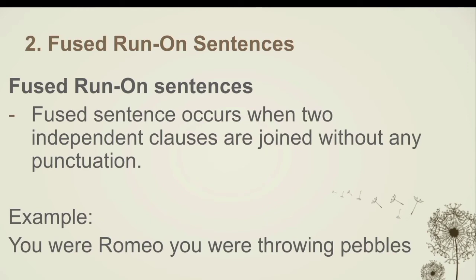As you can see there, we have two independent clauses. The first independent clause is you were Romeo, and you were throwing pebbles is the second one. So makikita natin sa example ay merong dalawang independent clause na pinagsama na wala man lang kadugtong or wala man lang conjunction na naghiwalay sa kanila. Yun ay matatawag na run-on sentence.